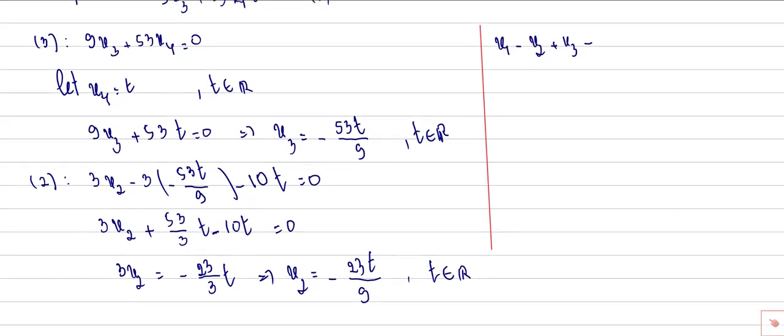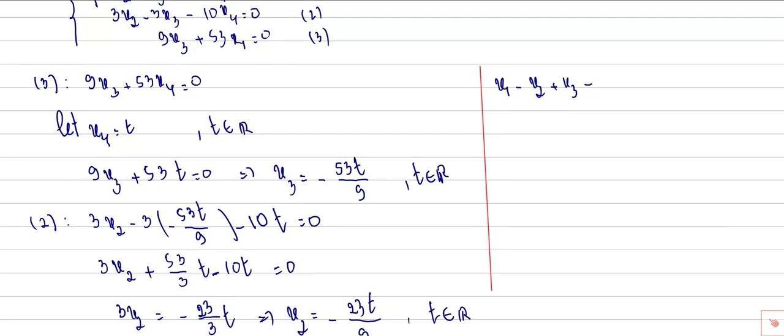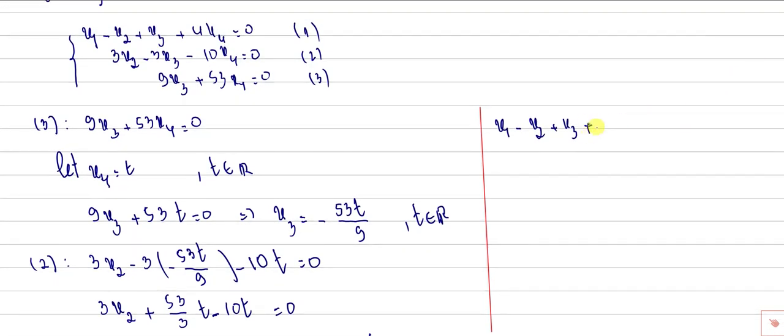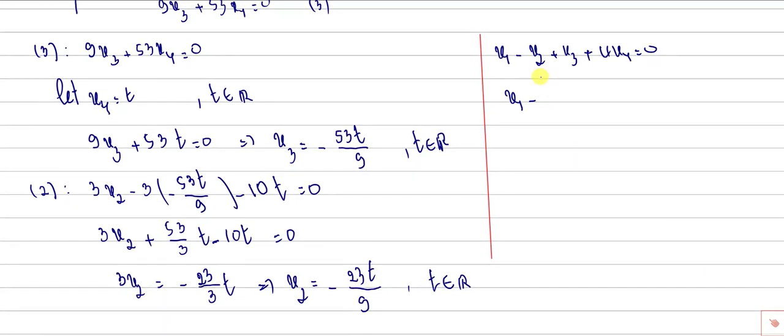So equation 1 is x1 minus x2 plus x3 plus 4x4 equal to 0. Our x2 is minus 23 over 9 t, plus x3, our x3 is minus 53 over 9 t, and plus 4t equal to 0.